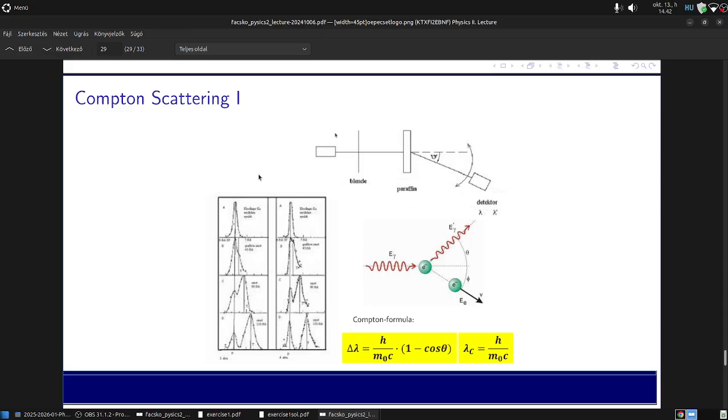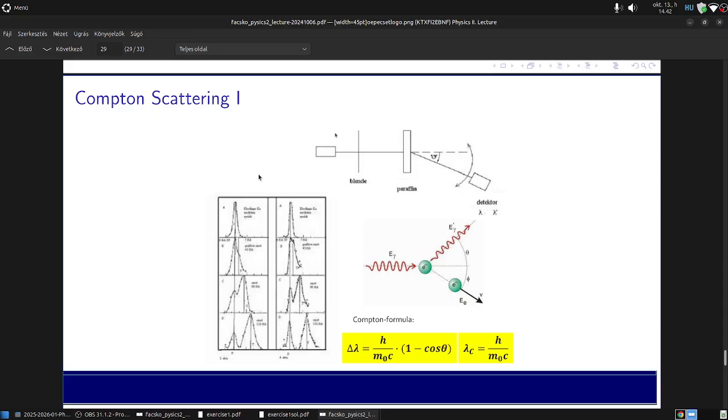The Compton scattering works with a positron too. Just there is an easy way to create positrons. In radioactivity, the beta type of radioactivity has negative and positive. Negative gives electron, positive gives positron, but it's rarer. Doesn't matter.